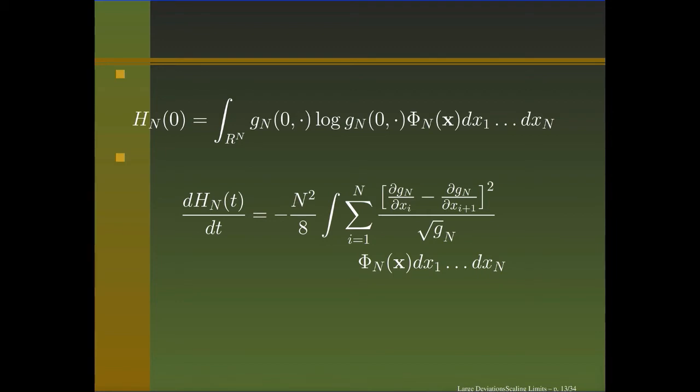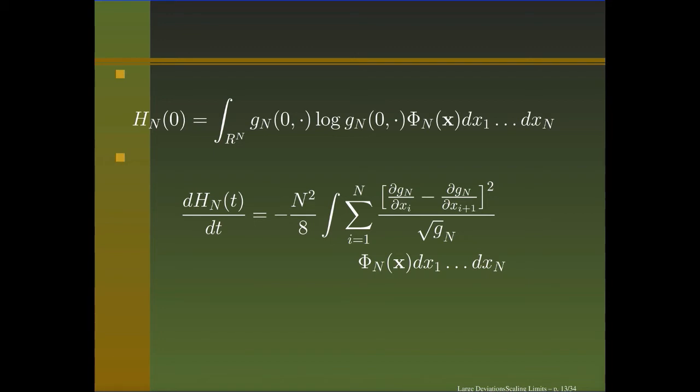Notice that the Dirichlet form is geared more towards an L2 theory, whereas the density is an L1 object, and so we have to somehow compute the Dirichlet form of the square root to be the derivative of the entropy.